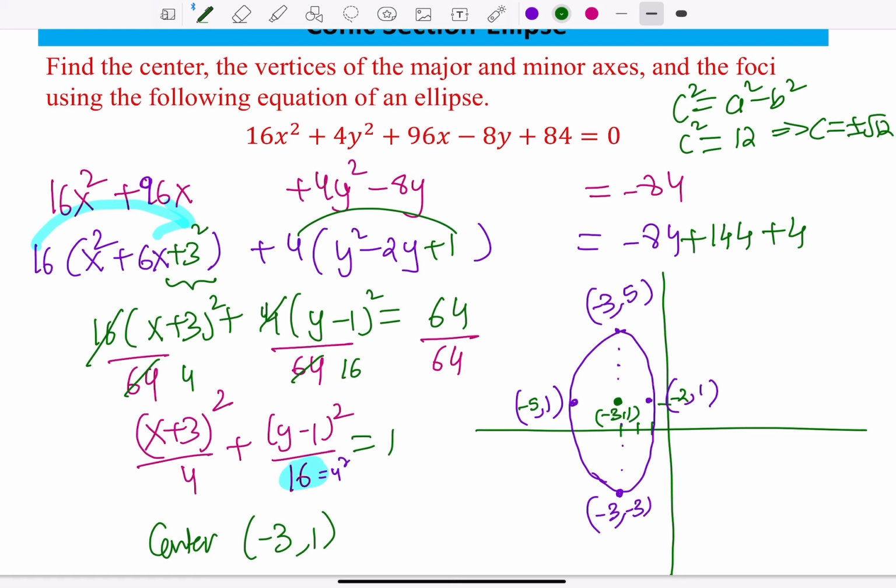So coordinates of foci are along the center line. We'll have coordinates of foci as -3, -1 minus 2 root 3, because square root of 12 can be written as 2 root 3, and -3, -1 plus 2 root 3. So our foci would be somewhere along the major axis, F1, F2.